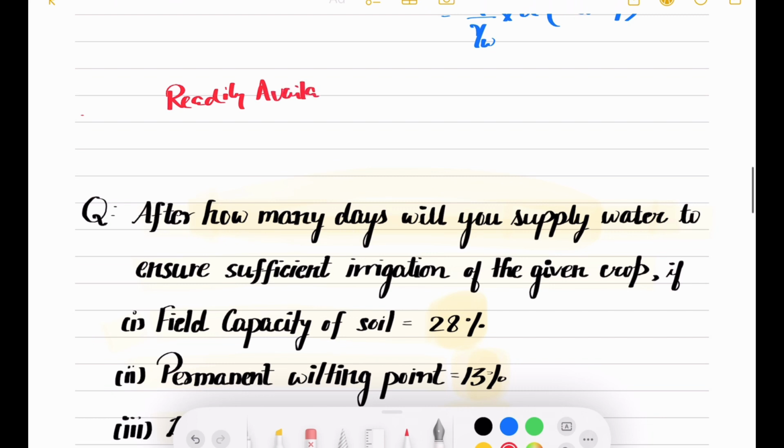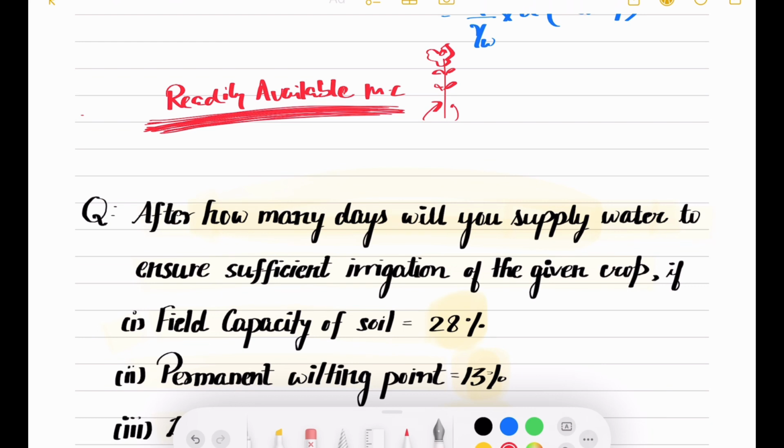We always want our soil moisture content to be at the readily available moisture content, because this is the quantity of moisture that is easily available. The roots of the crop can easily extract this moisture and fulfill the water requirement of the crop.